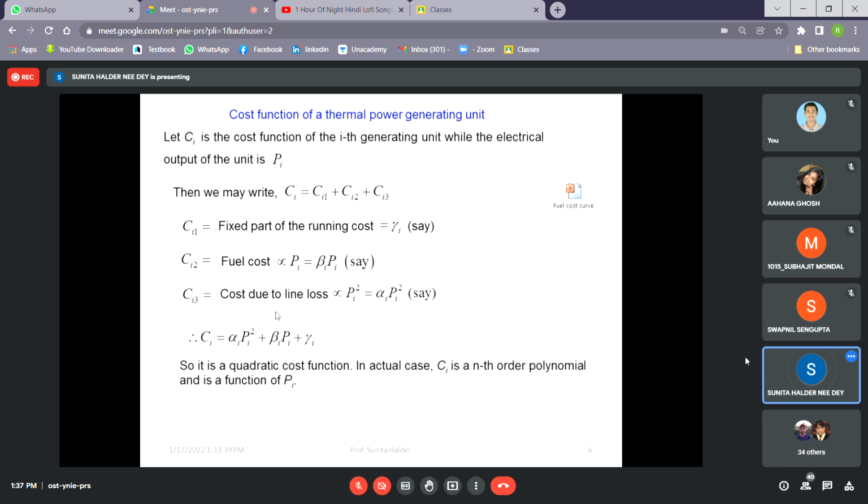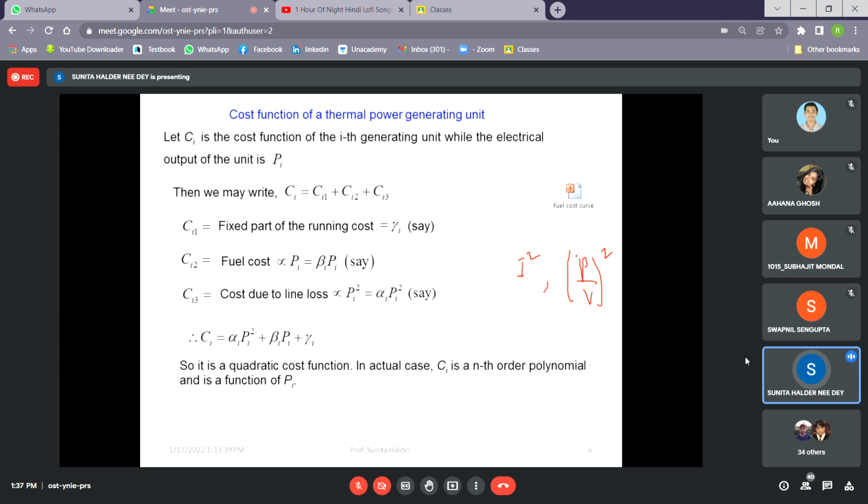The third one is the cost due to the loss, because when we are supplying power, there will be some loss. Loss is proportional to I square. I square means actually P by V, accurately it is S by V, but approximately P by V, so P by V whole square.